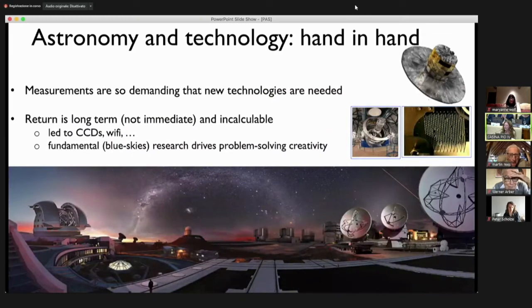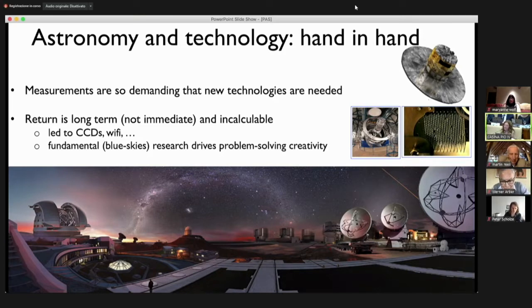Of course, astronomy and technology go hand in hand, as both Reinhard and Michael said. And in the case of the Milky Way, of these measurements of the stars and their motions on the sky, which have been so crucial for unraveling how the galaxy was put together, one should realize that the technology needed requires being able to measure the diameter of a human hair at 1,000 kilometers. So you see, you're really pushing the edges of technology.